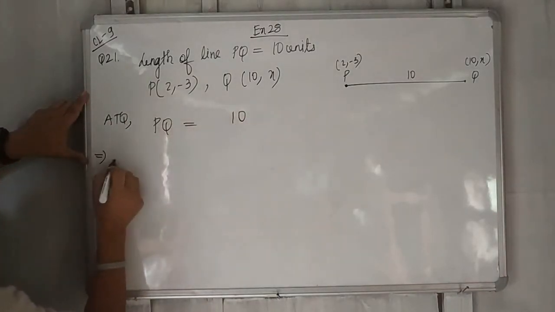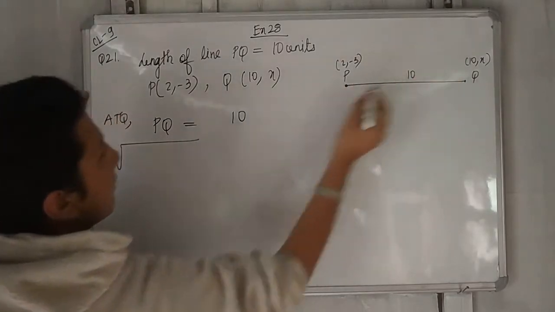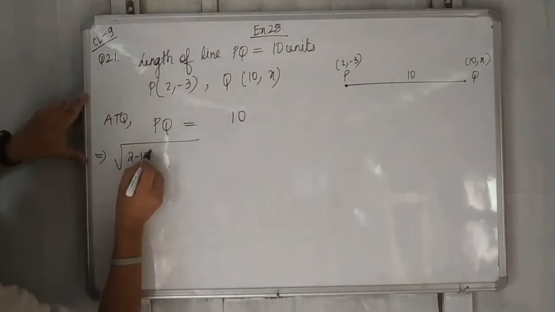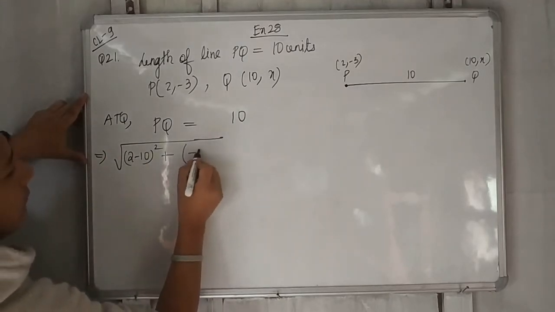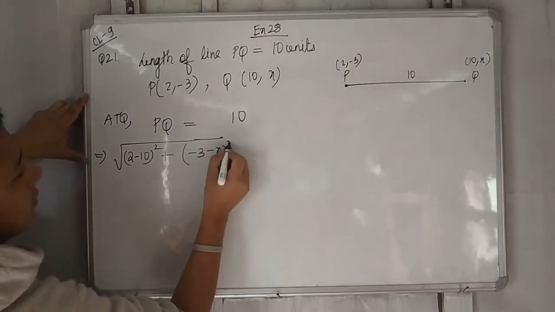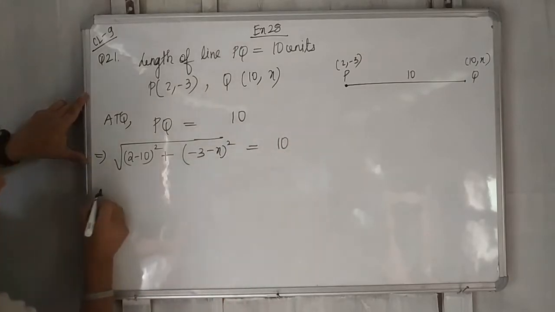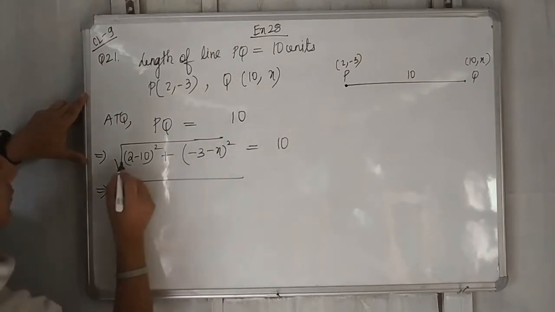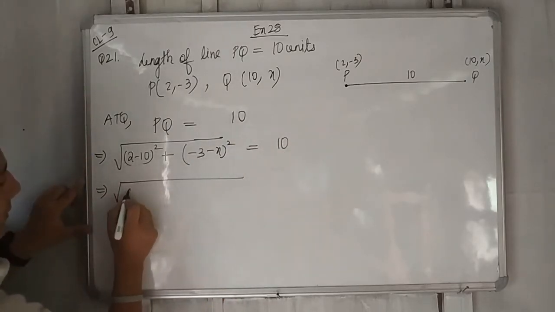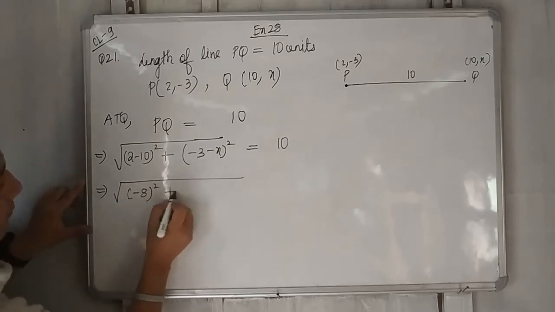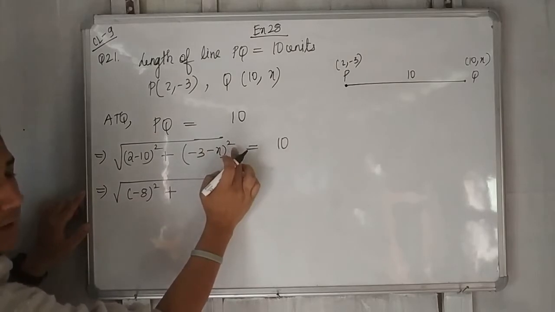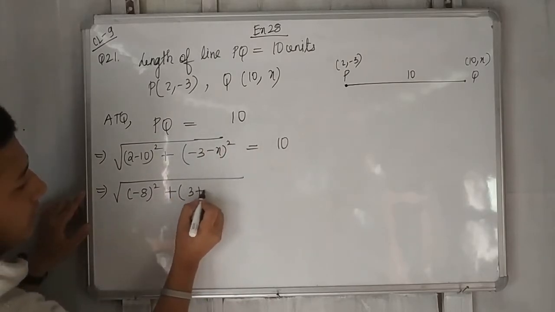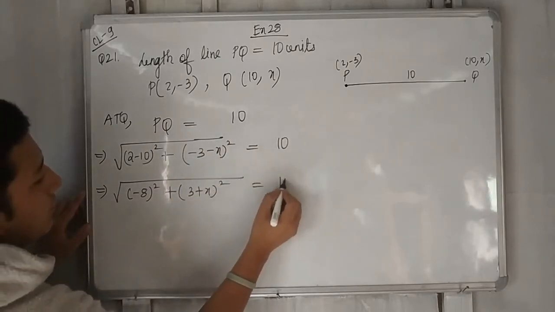So PQ is 10 means, boys, 2 minus 10 whole square, right? And then plus minus 3 minus x whole square is equal to 10. We'll simplify this a little more. 2 minus 10 means minus 8 whole square, plus I can take minus common, and when I take minus common, there's a square, so it becomes positive, hence it will be 3 plus x whole square is equal to 10.